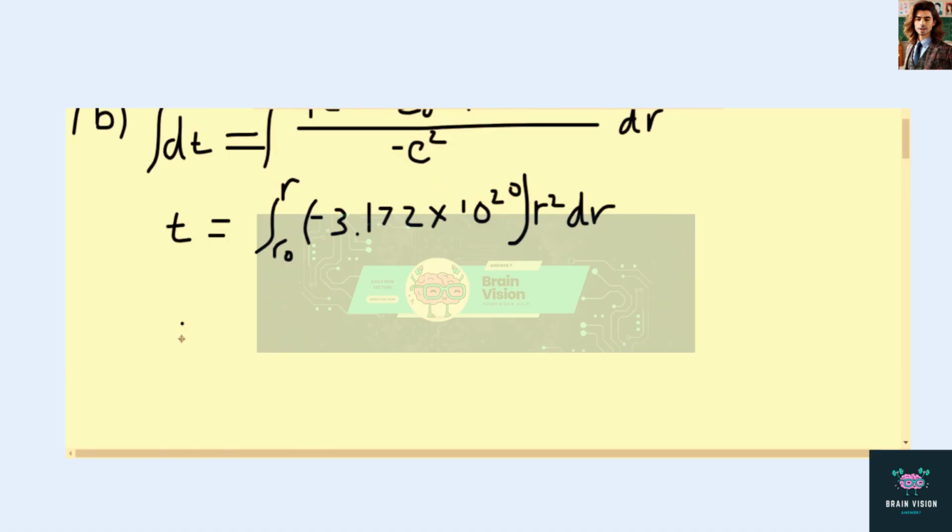And we find that t is equal to negative 3.172 times 10 to the 20, and then the integral of r squared gives us r to the third over 3.